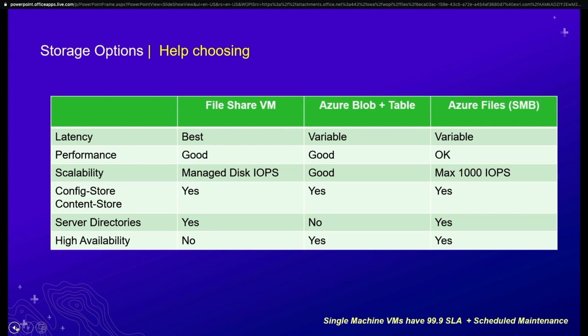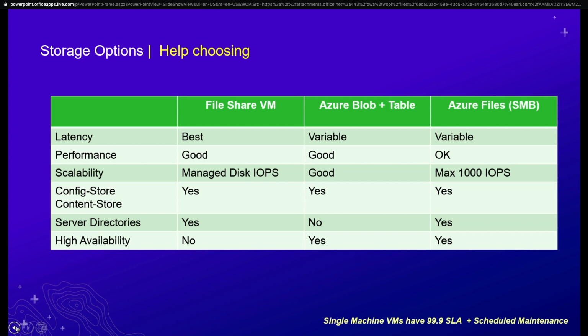Azure Files is an emulation of SMB, and so we typically see problems with lots of small file uploads, think portal content, and also things like file locking operations that ArcGIS Enterprise leverages that can sometimes be problematic. So at this point, our recommendation really is to stick to a file share VM.